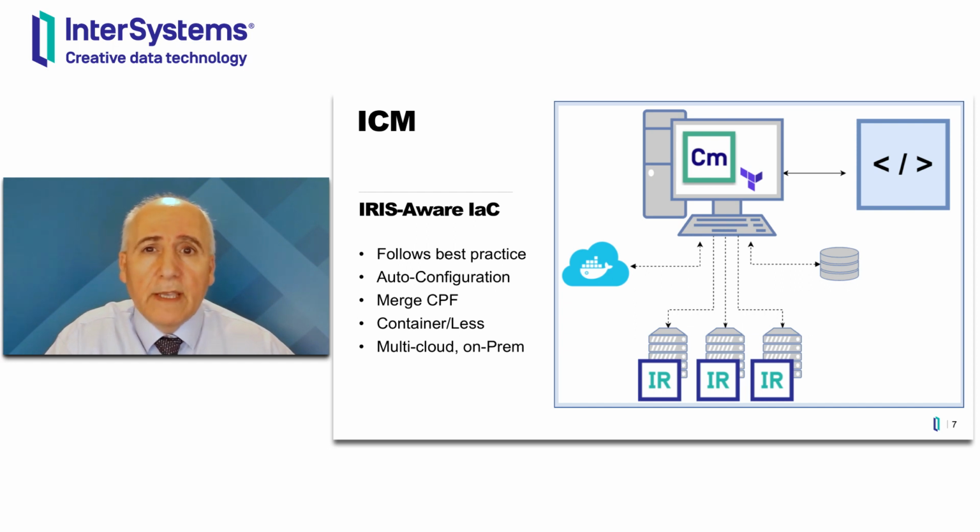And if deploying a synchronous mirror, you don't just get two independent servers, because ICM will invoke the IRIS APIs to configure that mirroring for you. ICM will also honor merged CPF files for finer grained control of IRIS configuration settings. And you can install IRIS as a container or containerless using regular distribution kits. Essentially, you can think of ICM as infrastructure as code tooling for InterSystems products.